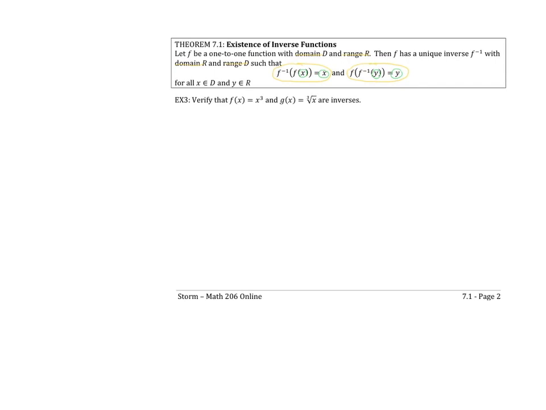Okay, so let's look at example 3. We have these two functions, f and g, and I want to verify that they're inverses of each other. The first thing I want to do is verify that their domain and range switch.